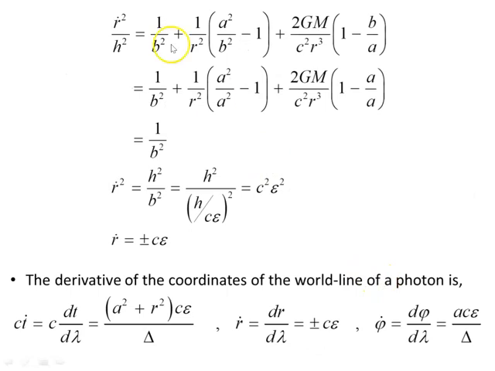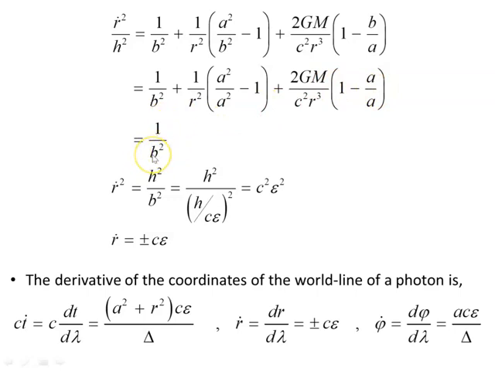Okay. r dot squared over h squared, here we go. As I said here, this won't matter because we're setting b equal to a. 1 over b squared gives us this. And a squared over a squared is 1 minus 1. That cancels. A over a is 1. That all cancels. We're left with 1 over b squared.